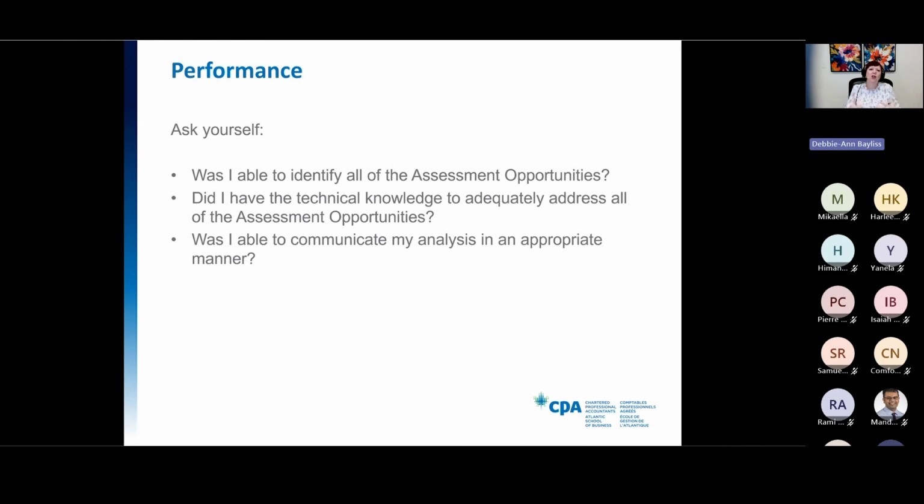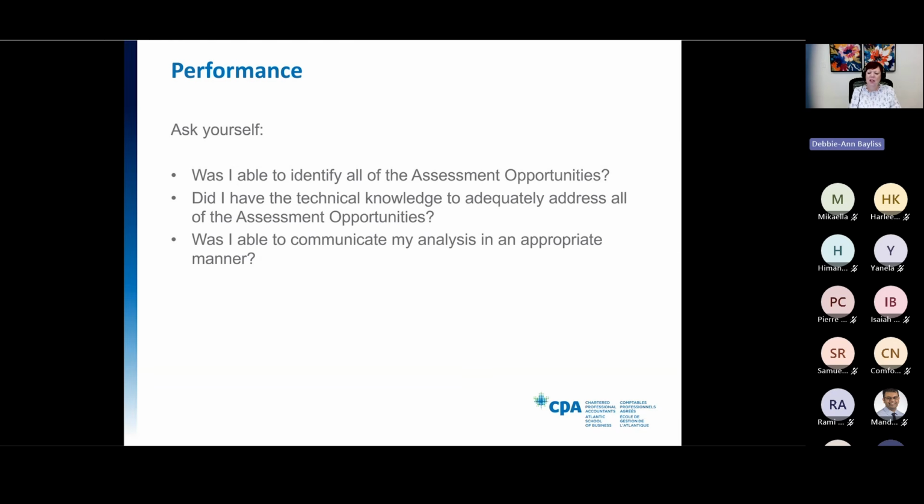So as you start to write your responses for the previous CFE exams, ask yourself, were you able to identify all of the assessment opportunities? If there was a reading challenge, then make sure that you go through the walkthrough document. That'll help you with identifying the triggers.